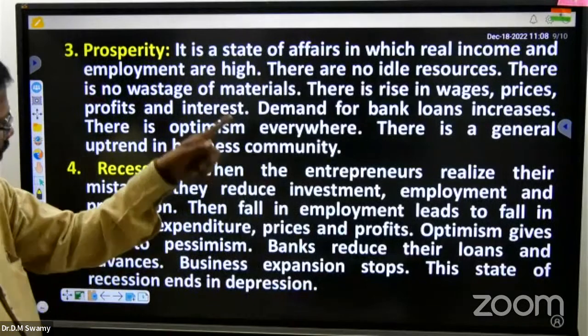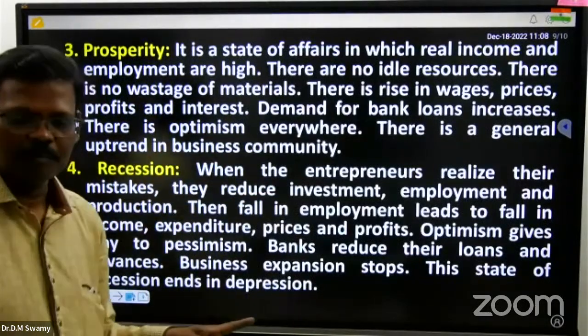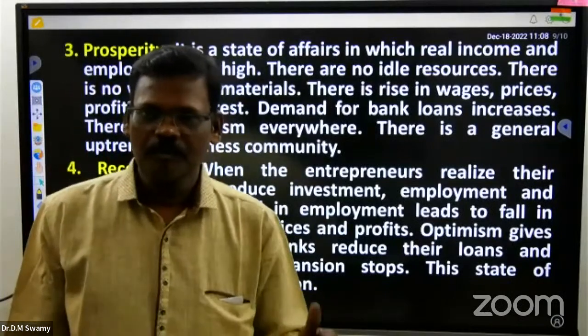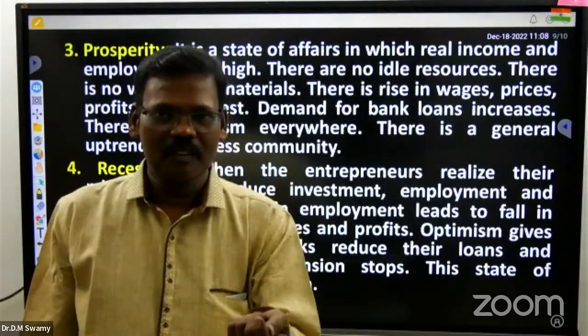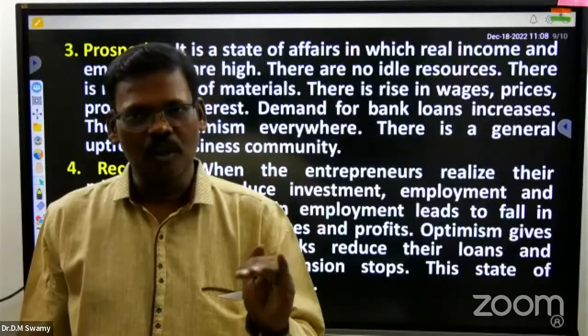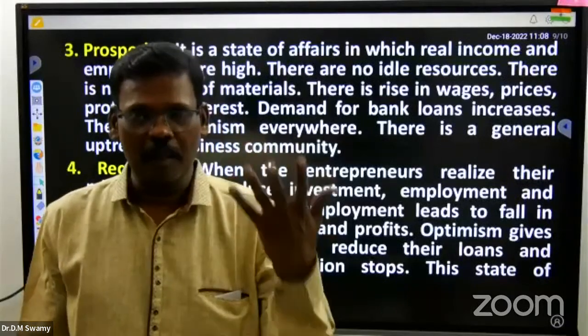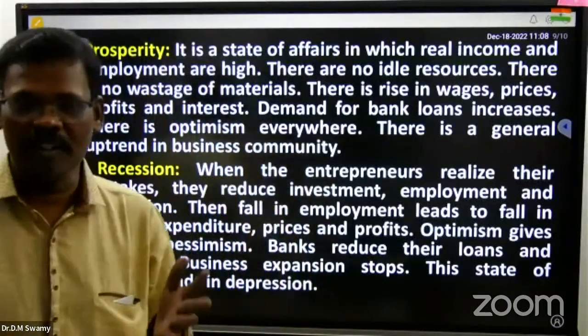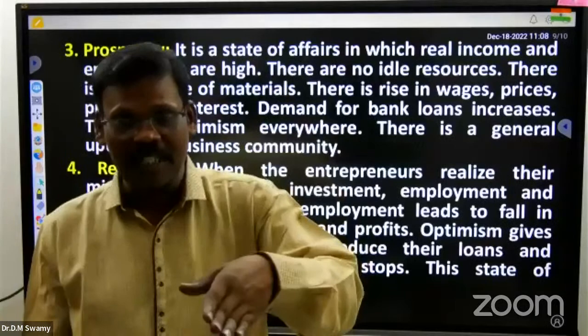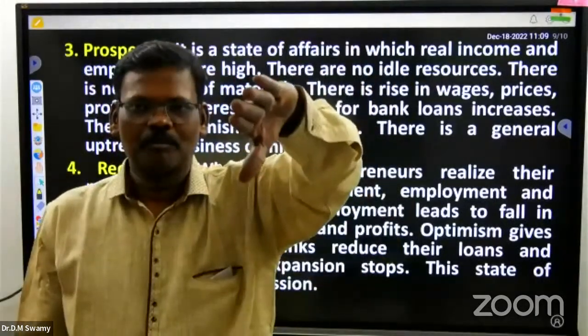There is a rise in wages, prices, profits, and interest also. Price level increases, wage level increases, profit level increases, interest increases. So reinvestment will start, production will be created, and employment will be generated. All the economic activities in the country will be above the equilibrium condition.